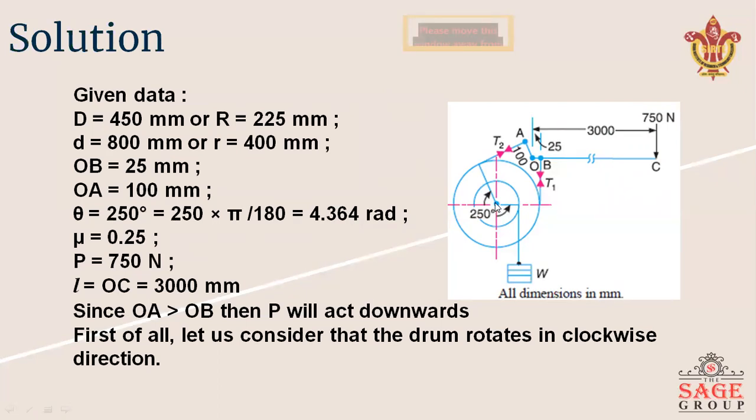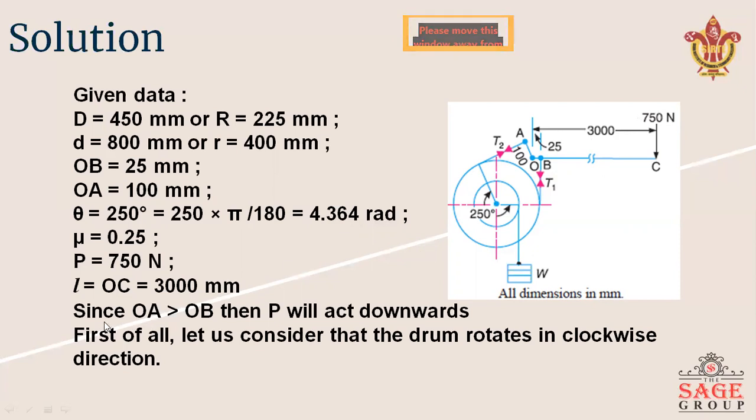Here you can see that the length L is 3000, and these are 25 mm and 100 mm, and this is 750 Newton, which is applied at the end of the lever.